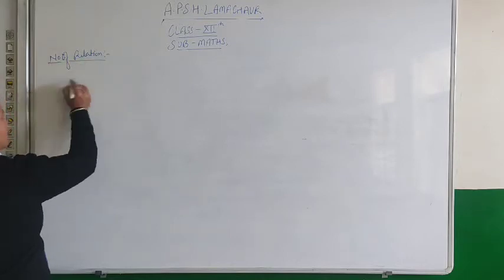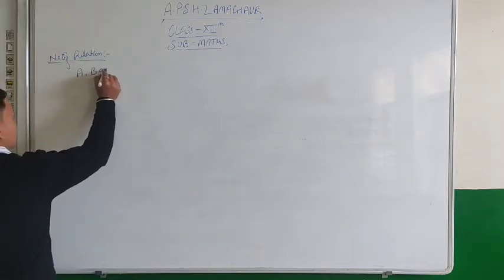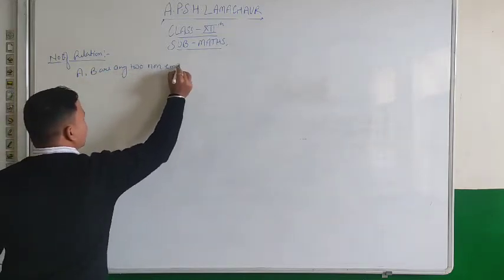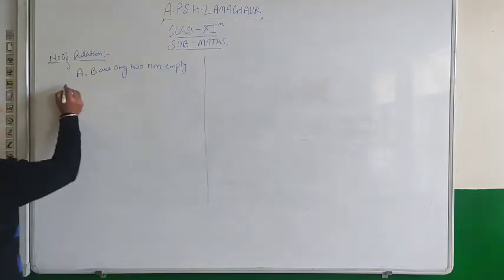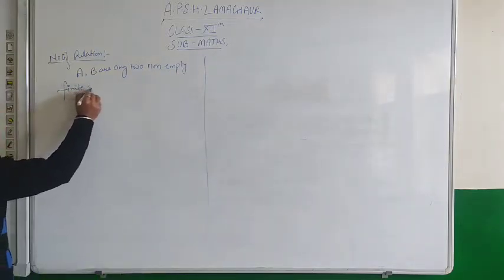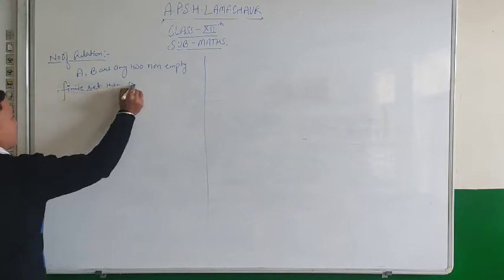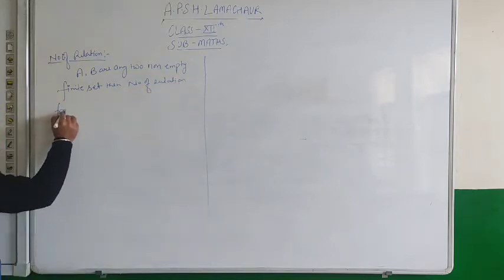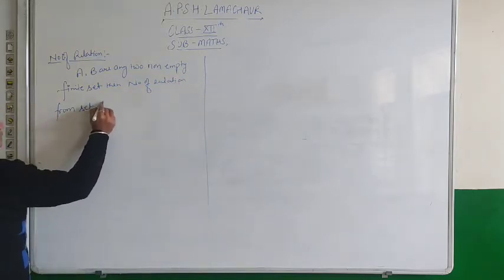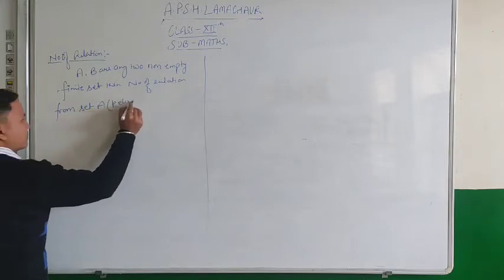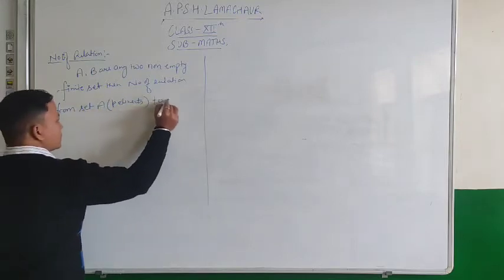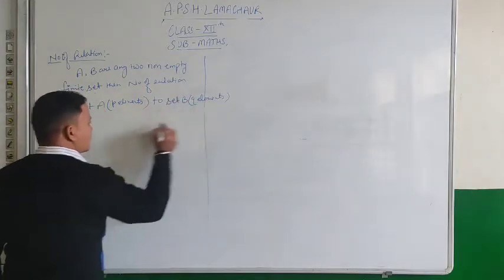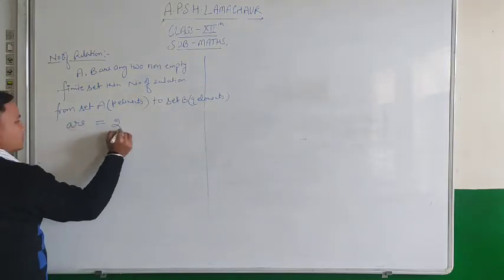If A and B are any two non-empty finite sets, then number of relations from set A having p elements to set B having q elements are 2 raised to the power pq.